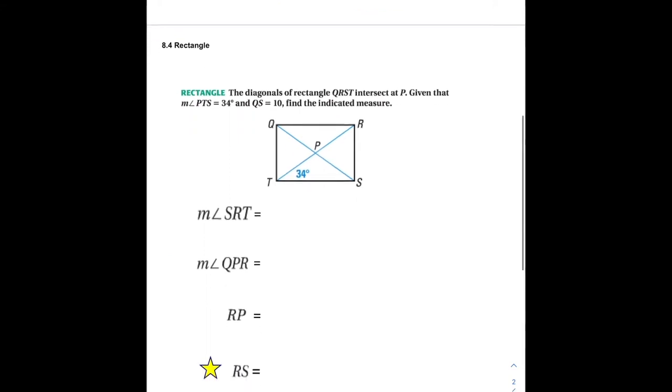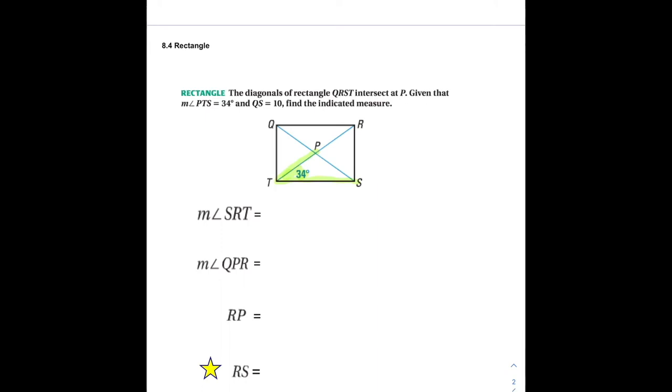So we can use this to help us figure out missing information. If we take a look at this example, we have the diagonals of a rectangle QRST intersect at P. Given that, the angle PTS is 34 degrees.